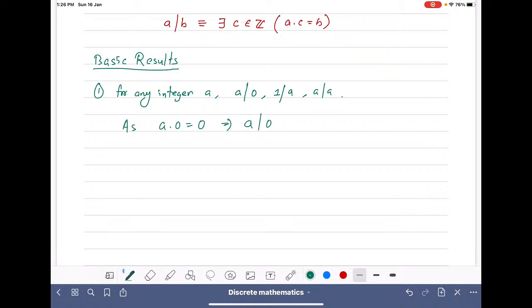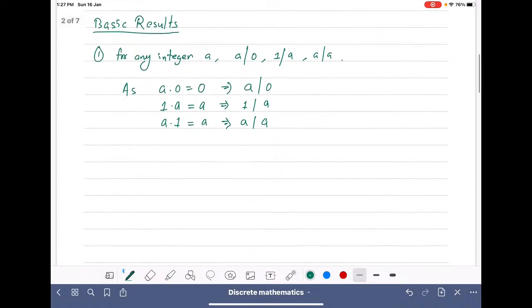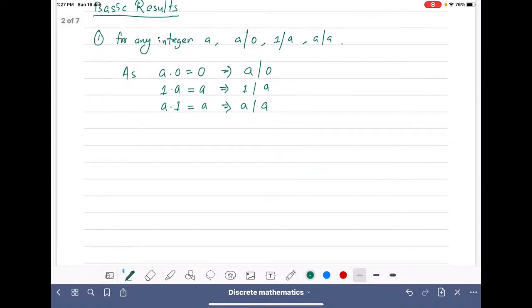So any number divides 0. Now 1 divides a. That means 1 multiplied by something gives us a, and 1 multiplied by a is a. So 1 divides a. Also a divides a, that means a multiplied by something gives us a, and which is precisely 1. So a divides a.